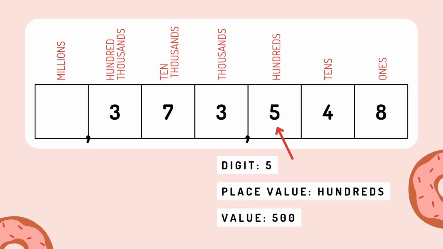So although it's just a 5 in the position, it represents 500. You can see on the blocks here how each place is labeled from millions all the way to ones or units, and how each digit fits into its specific place.